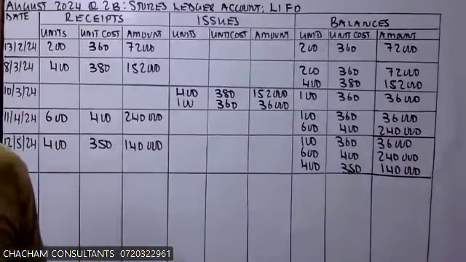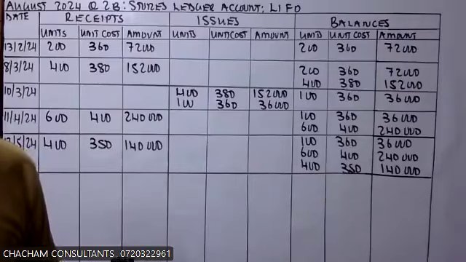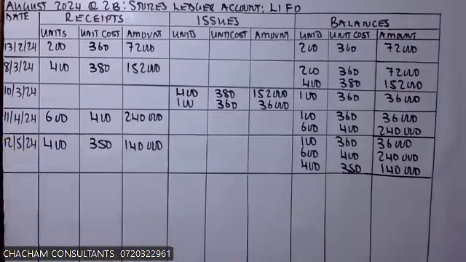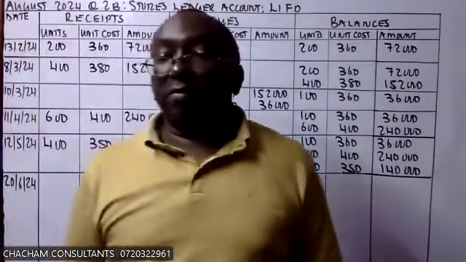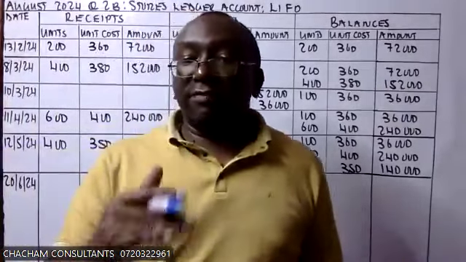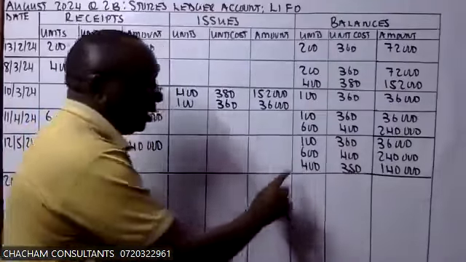The next is 20th of May, where we sold 600. So 20th of May, it is a sale of 600. So as we have said, because this is last in, first out, hii ndio tunatoa kwanza. Hii.